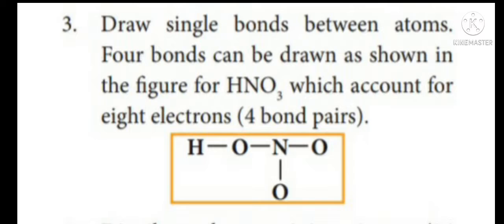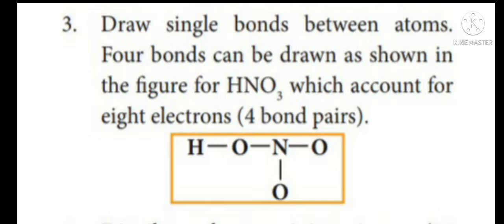Next, we have to draw single bonds between atoms in nitric acid. 4 single bonds can be drawn between hydrogen and oxygen, oxygen and nitrogen, nitrogen and oxygen, and again nitrogen and oxygen. It is shown here.